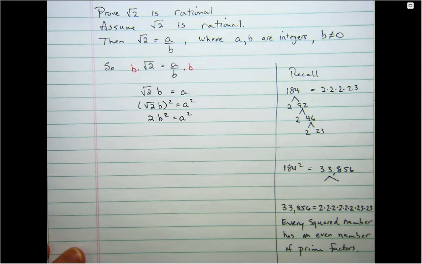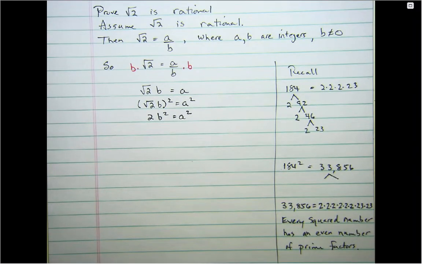Every squared number has an even number of prime factors. Because you double the factors in the number you're squaring. You just take your number that was being squared and you double the prime factors. So you always have an even number of prime factors.